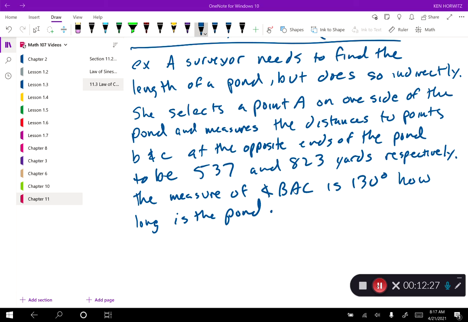She selects point A on one side of the pond and measures the distances to points B and C at opposite ends of the pond. And they happen to be 537 and 823 yards respectively. The measure of angle BAC is 130 degrees. How long is the pond?